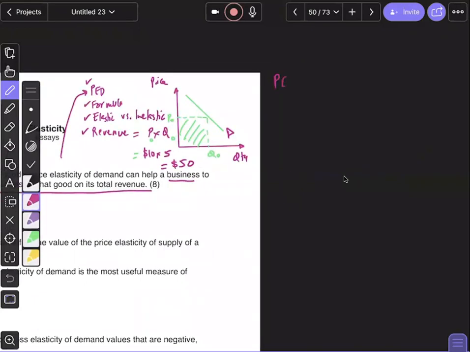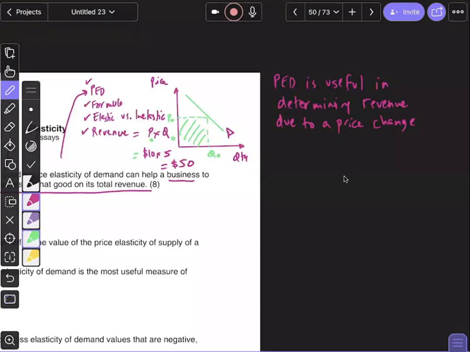So PED is useful in determining revenue due to a price change, right? How is it useful?